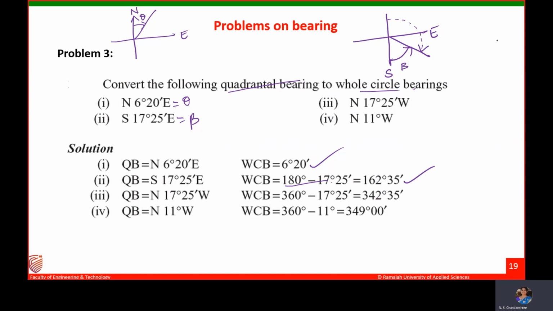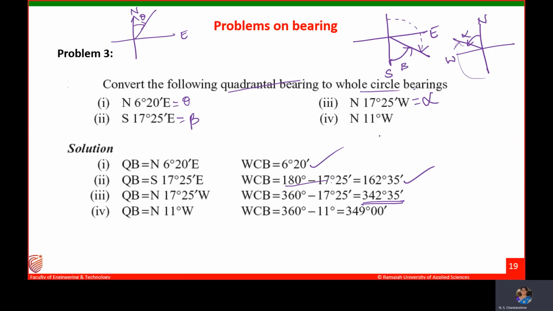Next is northwest. This is north, this is west. North 17 degrees 25 minutes west. So from here to here the value is required. Till here it is 360. 360 minus this angle 17 degrees 25 minutes will give us 342 degrees 35 minutes.